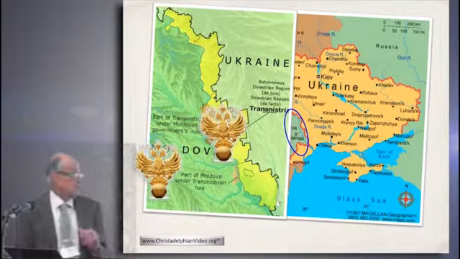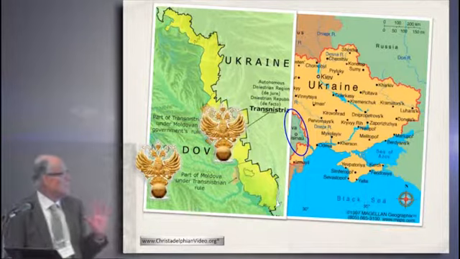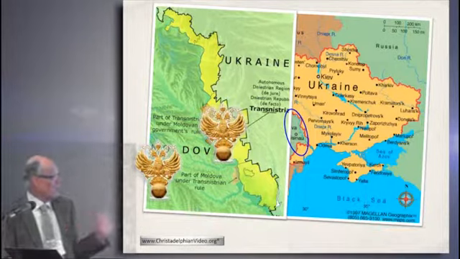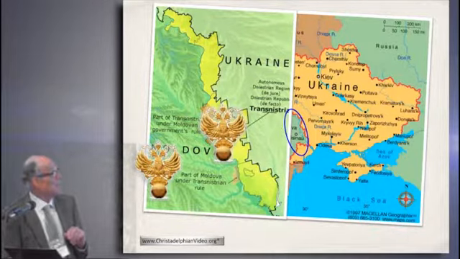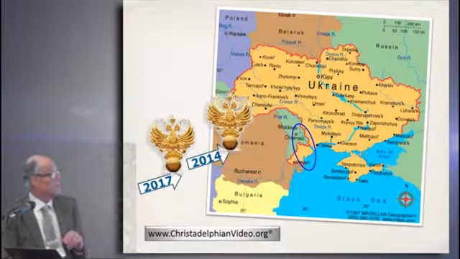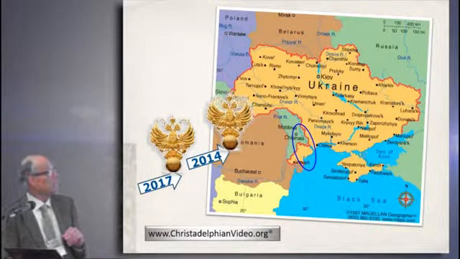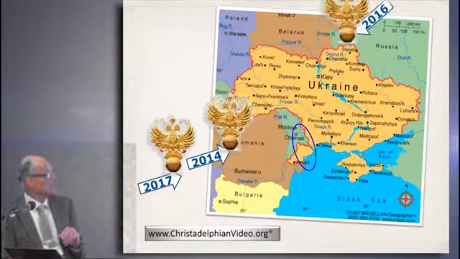So it is part of Russia's movement across here. Russia also has got a base to the north, in Russian territory, to the north of Ukraine. That was established in 2016.